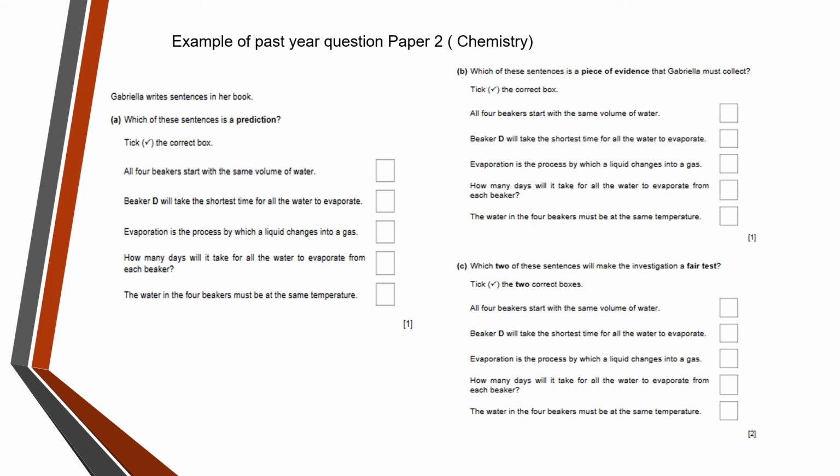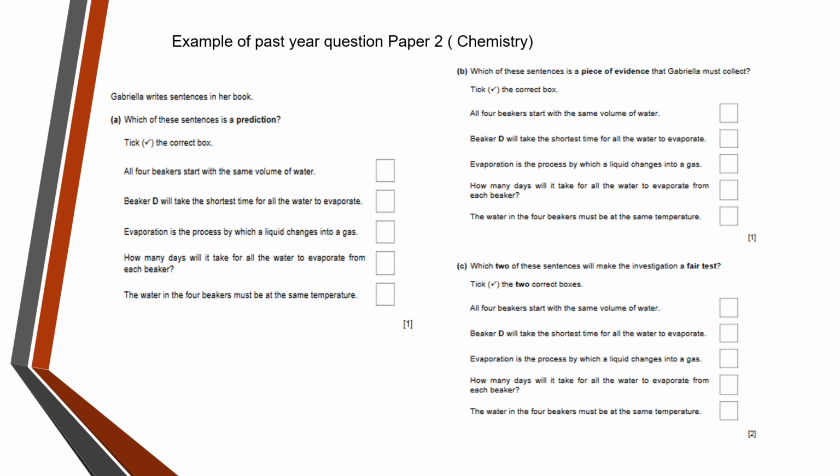Okay. Evaporation is the process by which a liquid changes into a gas. Okay, it's a statement. How many days will it take for all the water to evaporate from each beaker? Okay, the water in the 4 beakers must be at the same temperature.